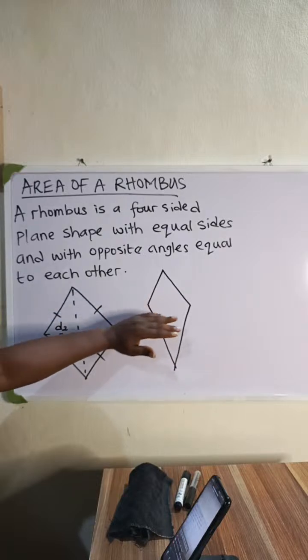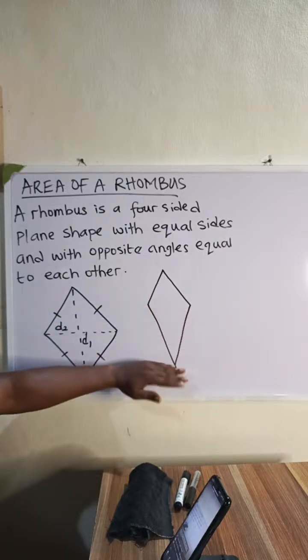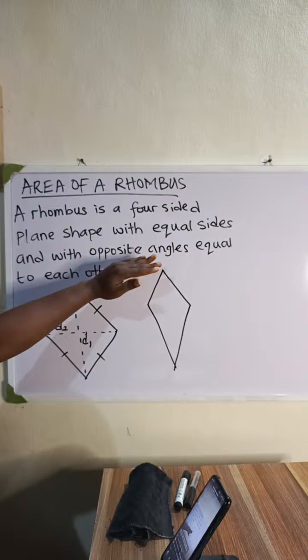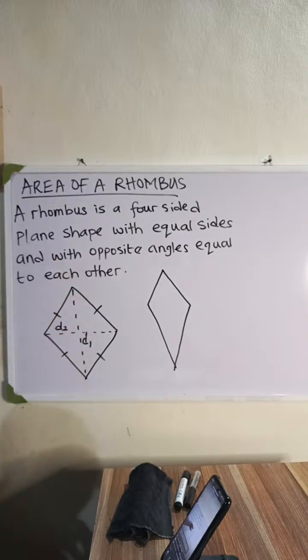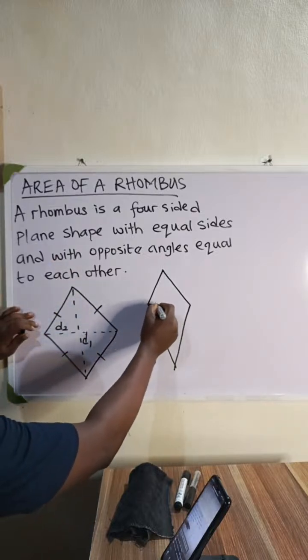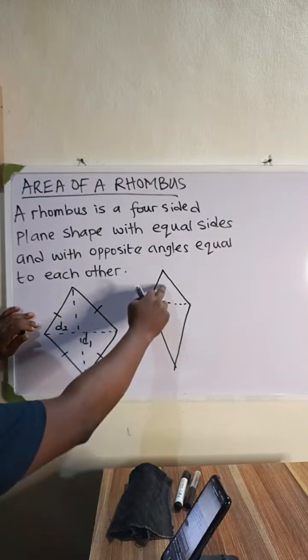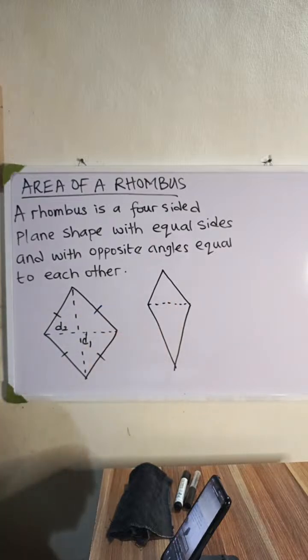For a kite, you can see that one part of the kite is longer than the other part. For a rhombus, if you cut it at the middle, both sides are equal. But when you draw a diagonal like this, for a kite, this side is shorter than this side. So that's the major difference between a rhombus and a kite.